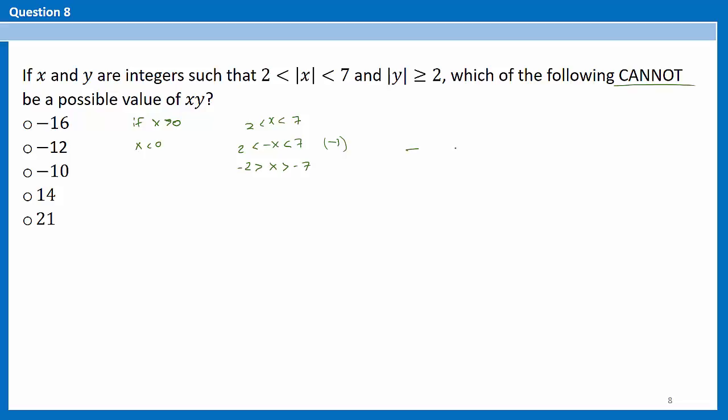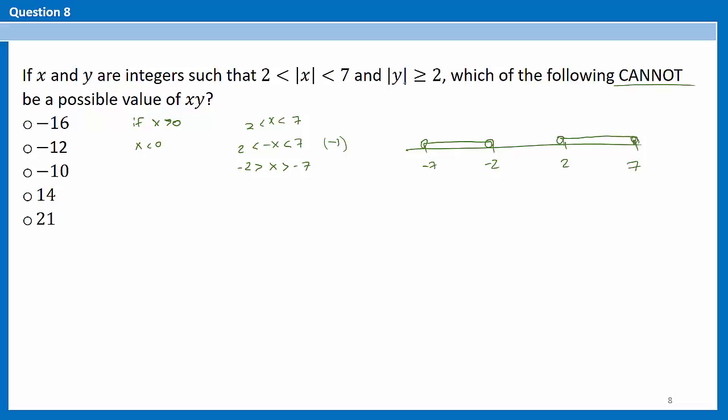So that actually leaves me with -7, -2, 2, and 7. So this area. Keep in mind that it's open, so it's not exactly taking the value of -7 and -2, 2 or 7, just the values in between.